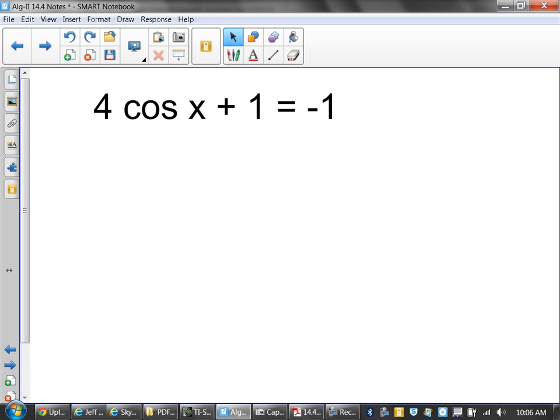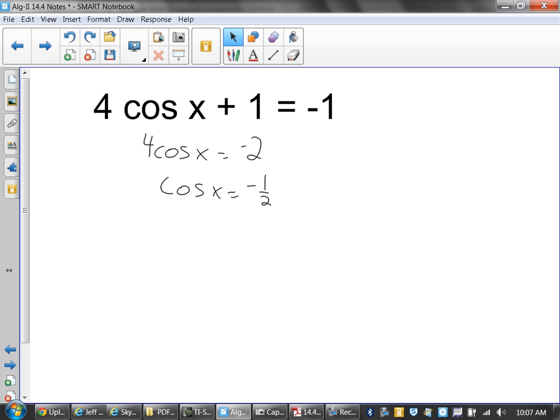What's negative 1 minus 1? Good. So I have 4 cosine of x equals negative 2. Now what do you do? Divide by 4. So we have cosine of x equals negative 1/2. Is everybody okay with that? Just simplifying it right off the bat.